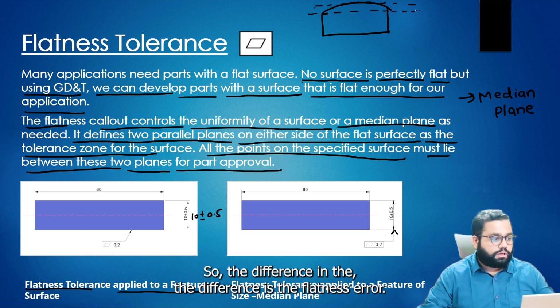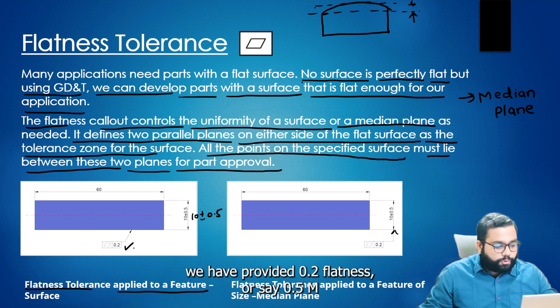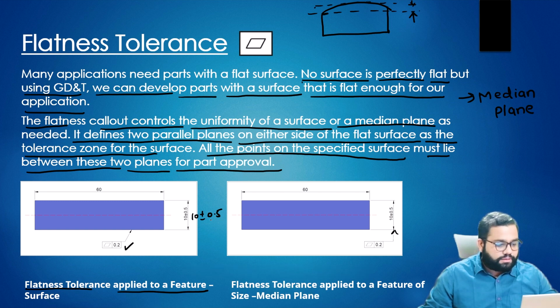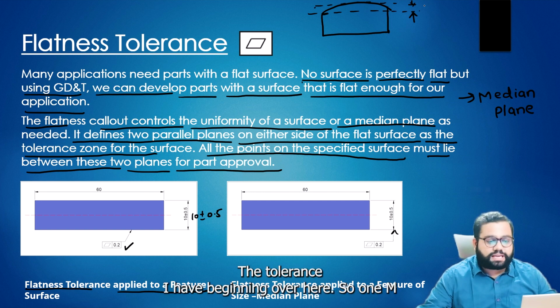The difference between them is the flatness error. In our case we have provided 0 plus minus 0.5 mm, so 1 mm, a very coarse tolerance I have taken here.